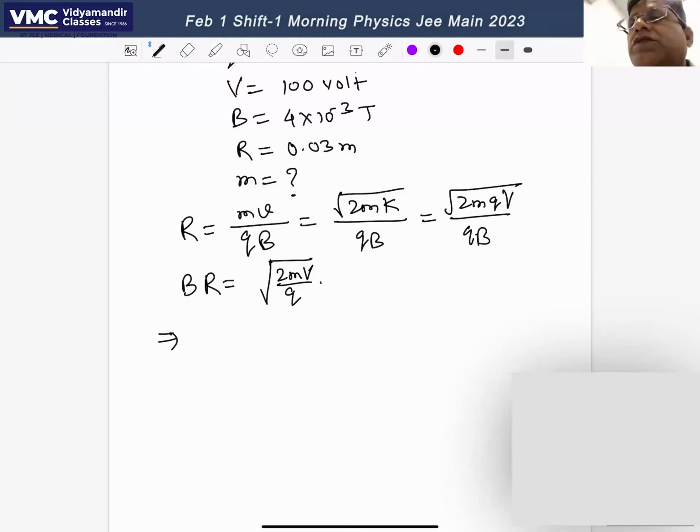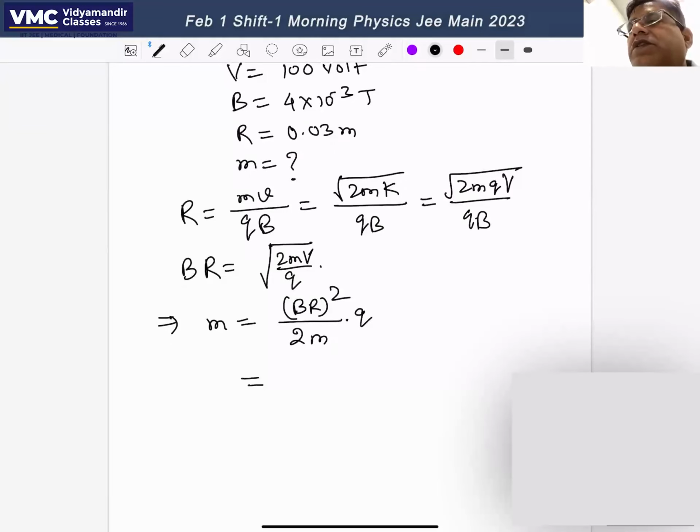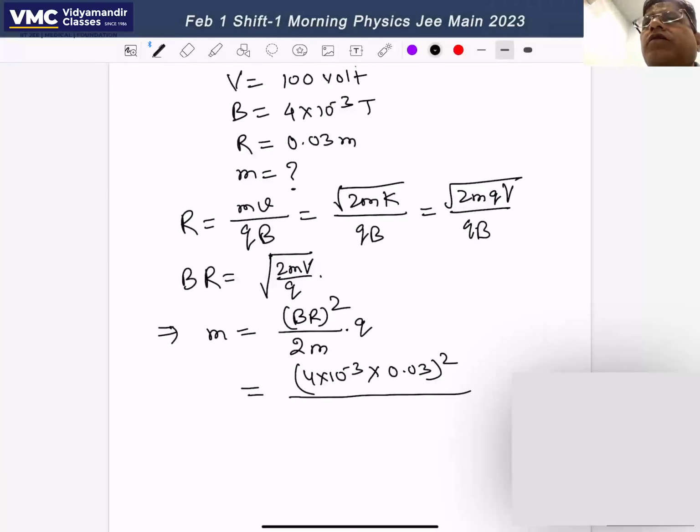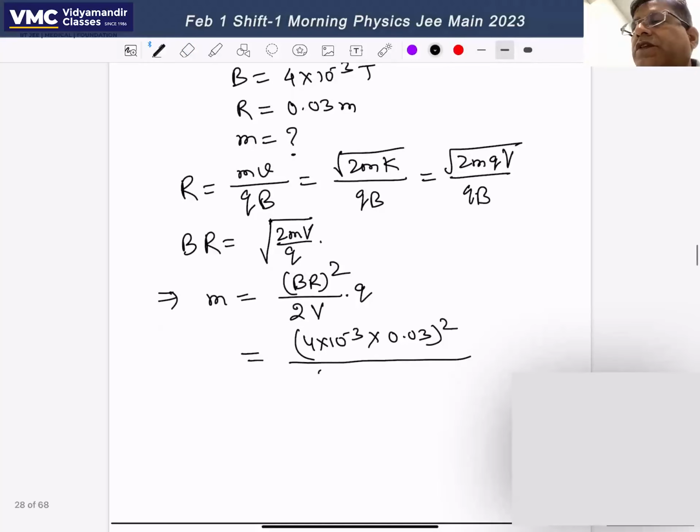Now we have to find mass. So this mass will be B r square divided by 2V into q. Now this B is 4 into 10 power minus 3, radius is 0.03 and this whole square, divided by potential 2V, so 2 into 100, and then charge.